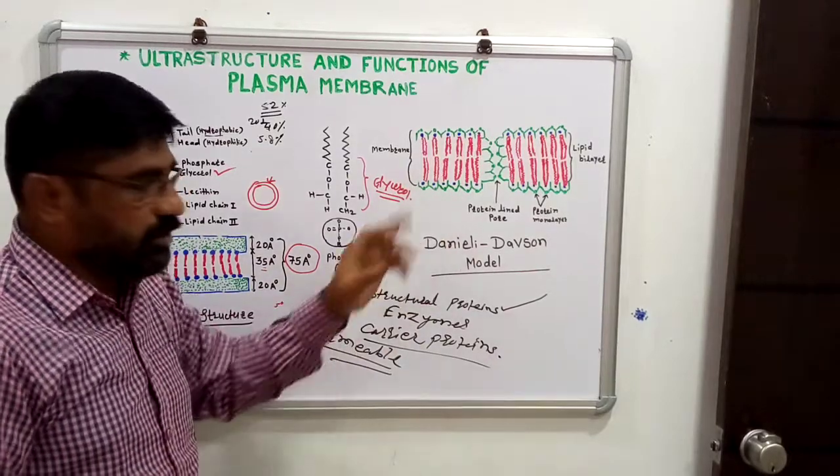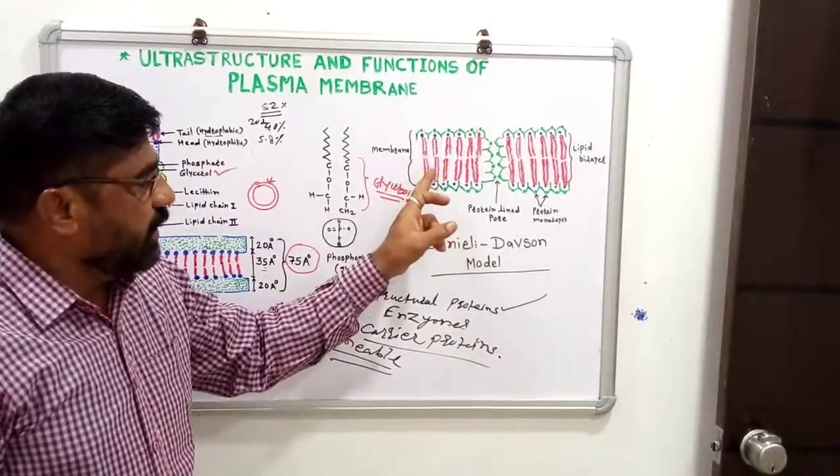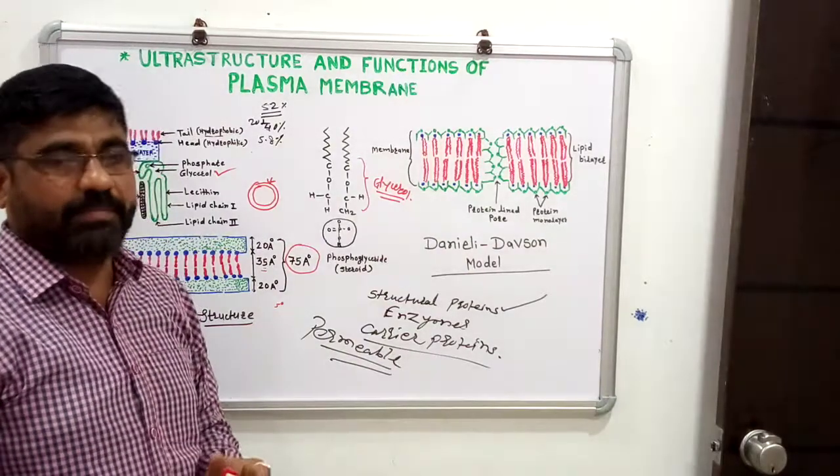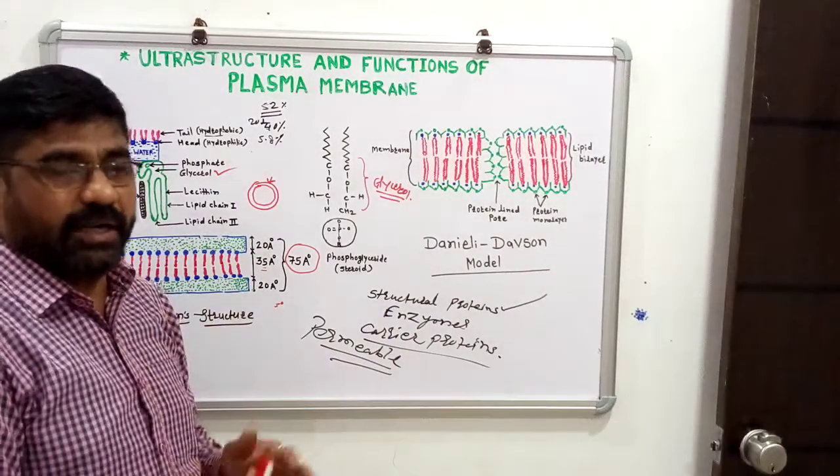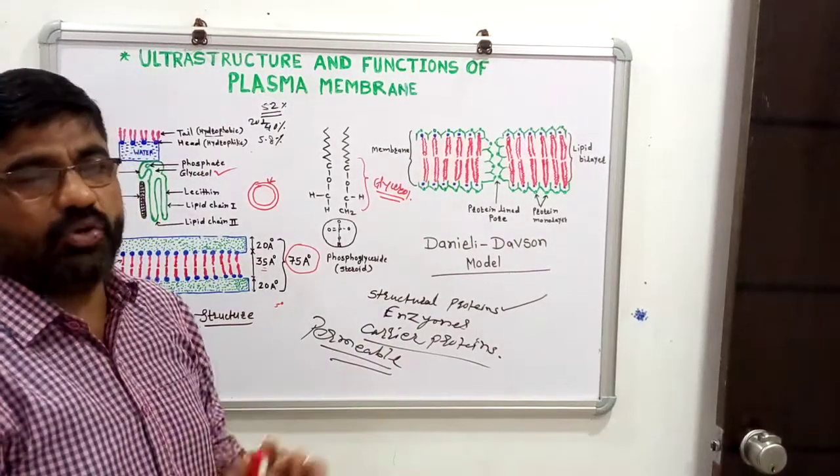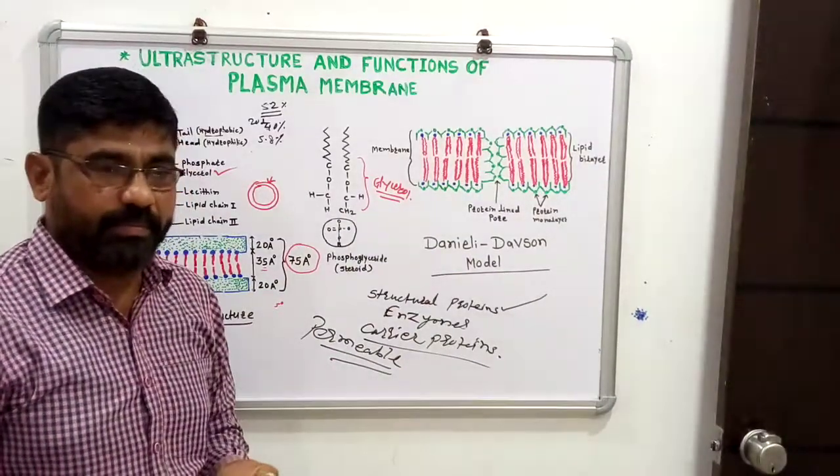So we will study in the next lecture the Danielli-Davson model of the plasma membrane, as well as another model, that is the fluid mosaic model of the plasma membrane.